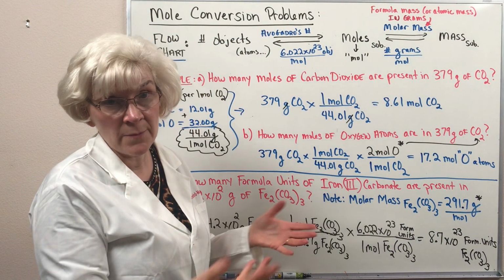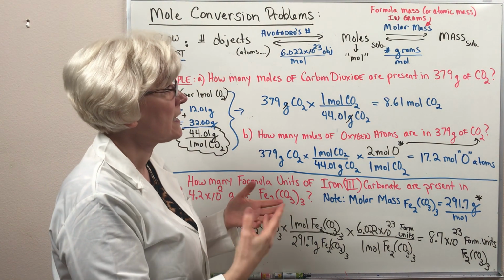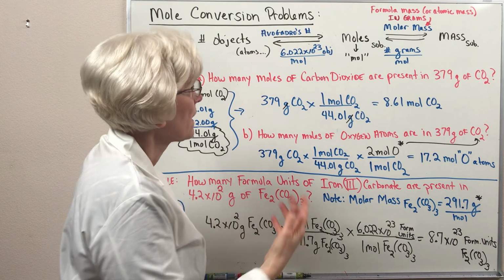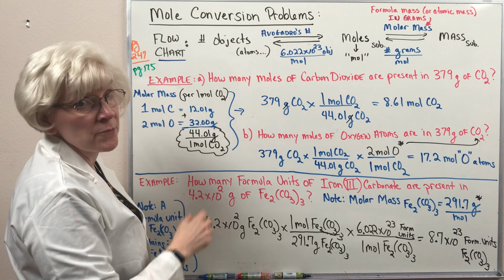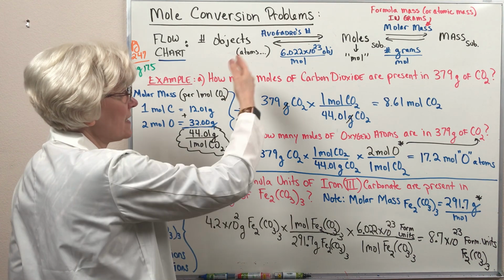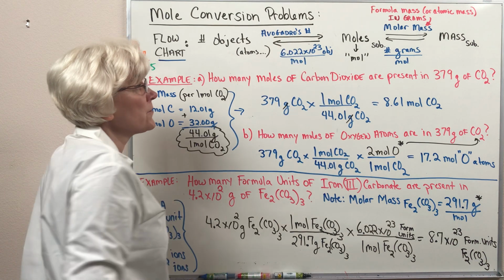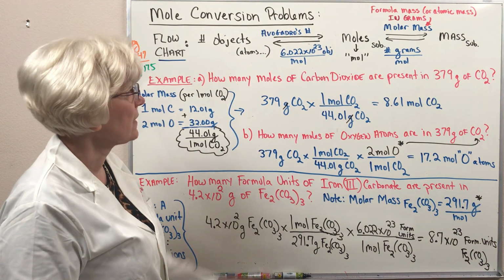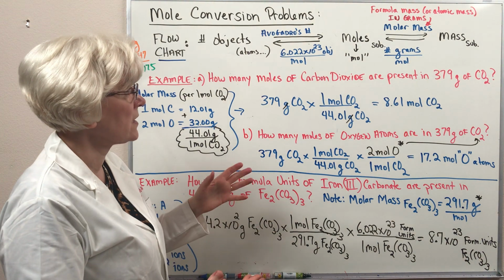In other words, the sum of all of the atoms or ions present in the chemical formula expressed in grams. Or if you know moles, you can calculate the number of objects you have present, atoms, molecules, ions, formula units, if you use Avogadro's number, 6.022 times 10 to the 23rd objects in a mole.